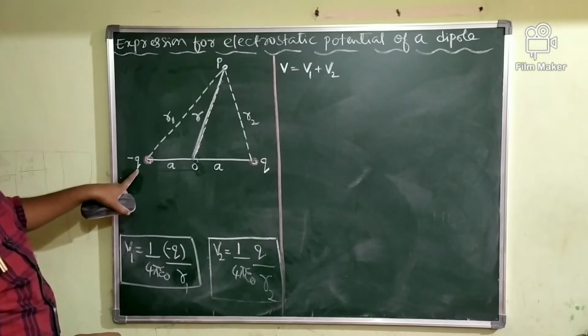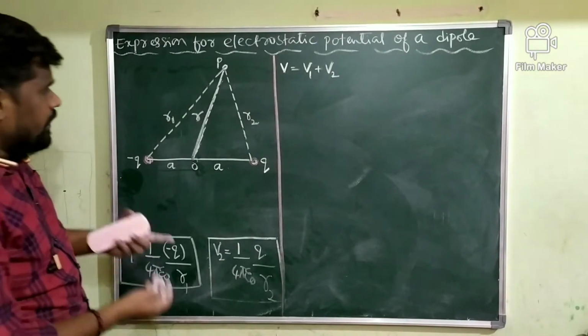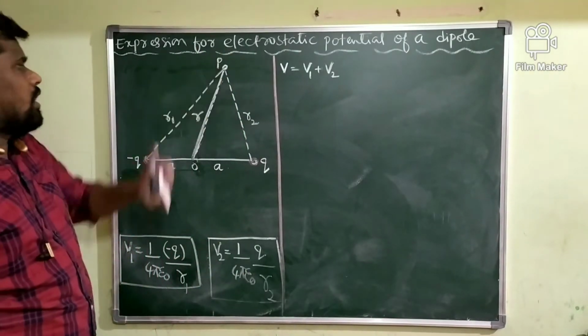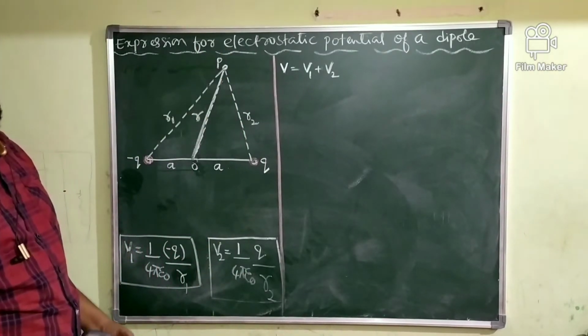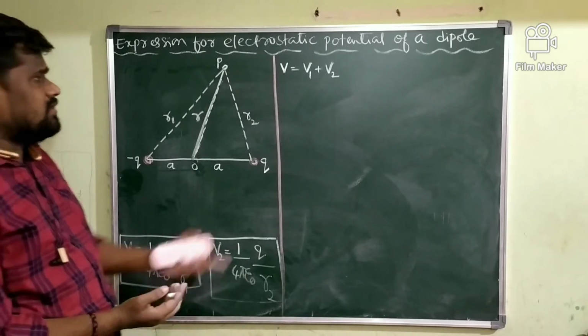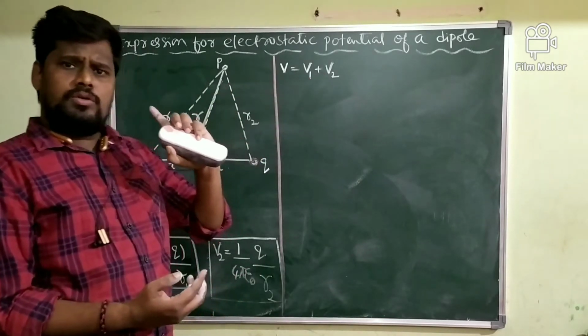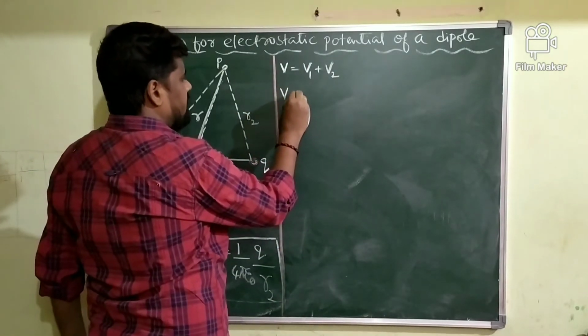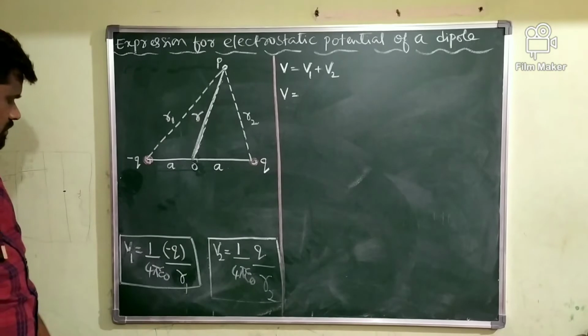V1 is the potential due to minus Q charge. V2 is the potential due to plus Q charge. If I ask what is the total potential at point P, it should be the potential due to the first charge plus the potential due to the second charge. Substitute the values. V equals, what is V1?